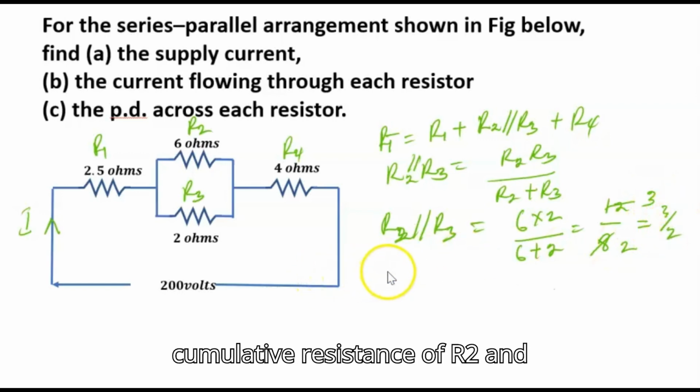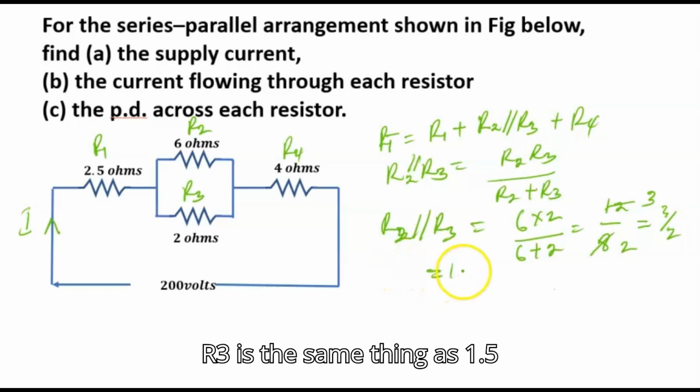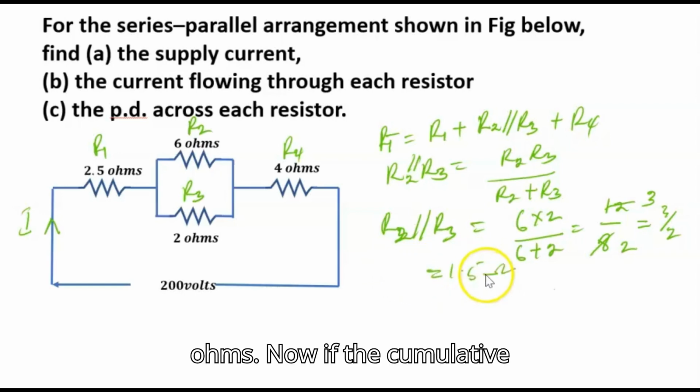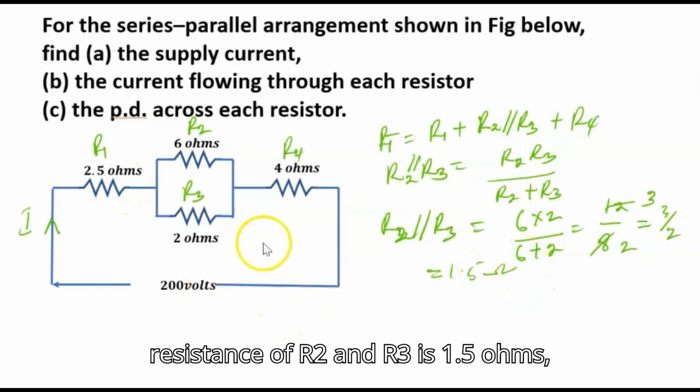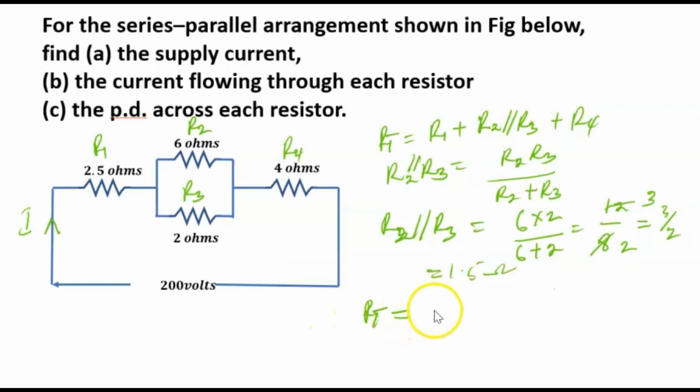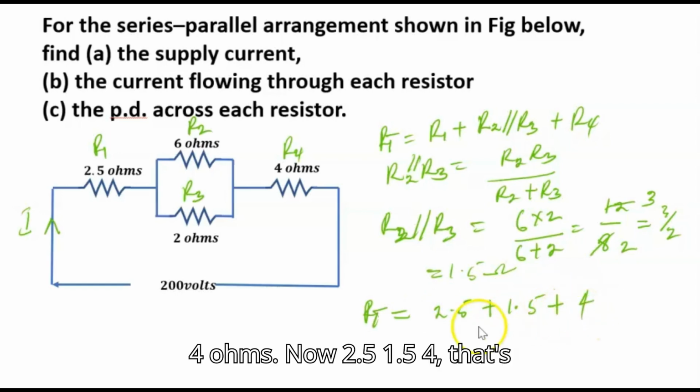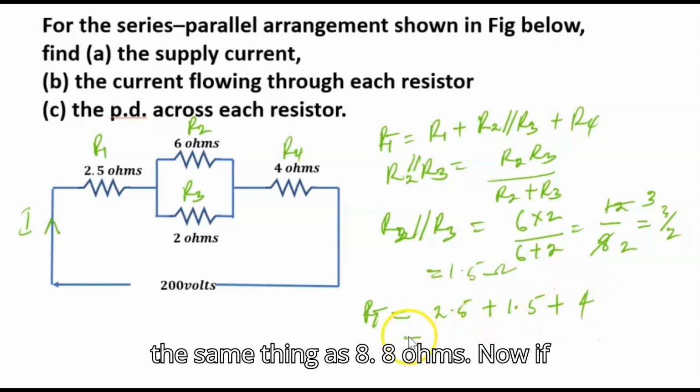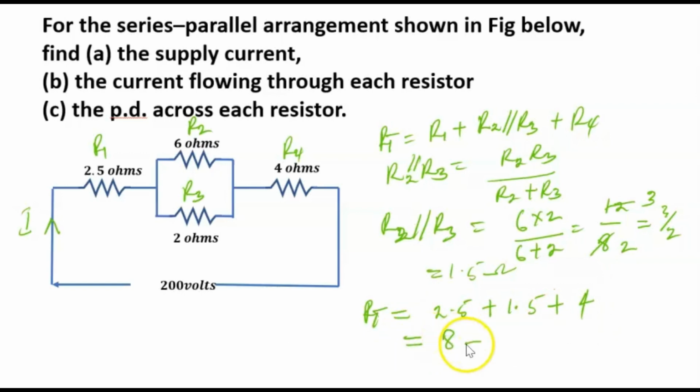So the cumulative resistance of R2 and R3 is 1.5 ohms. Now, if the cumulative resistance of R2 and R3 is 1.5 ohms, then my RT is equal to R1, which is 2.5, plus 1.5, plus R4, which is 4 ohms. Now 2.5 plus 1.5 plus 4 is the same thing as 8 ohms.